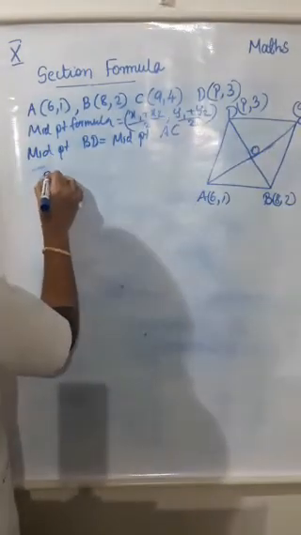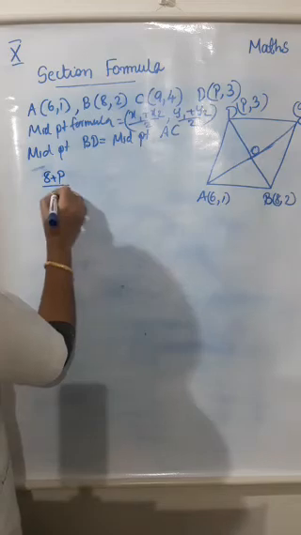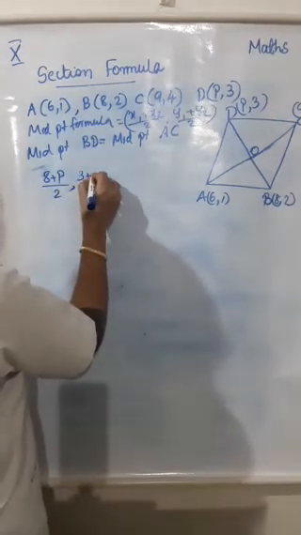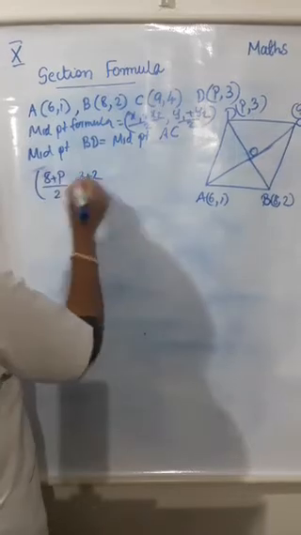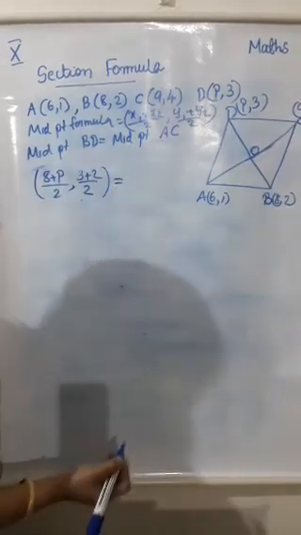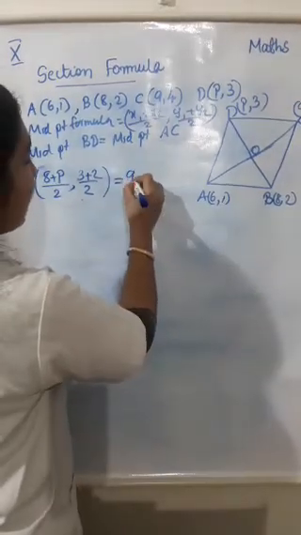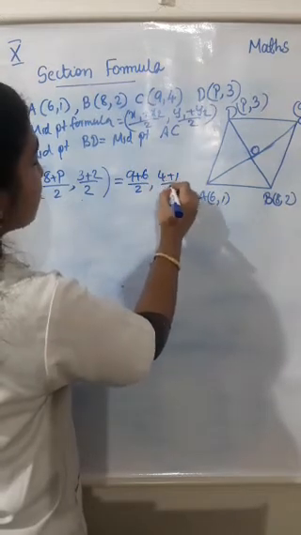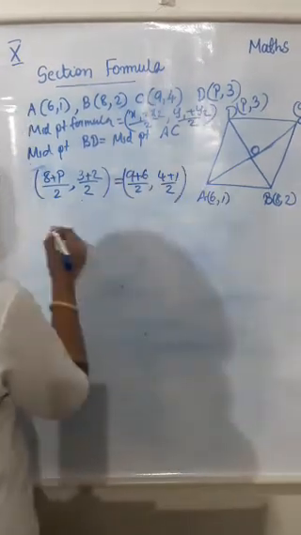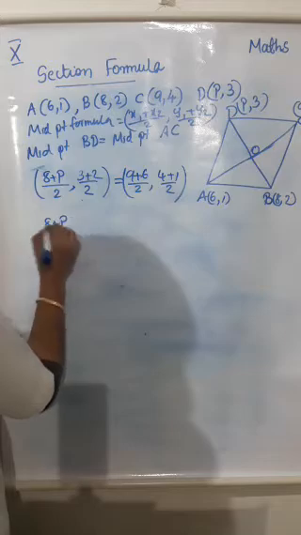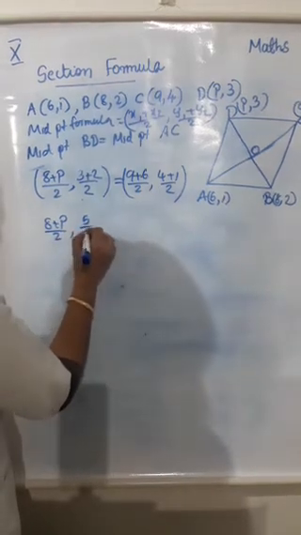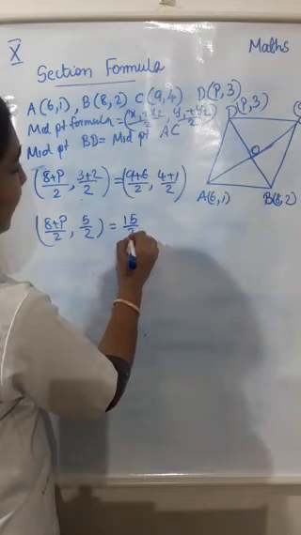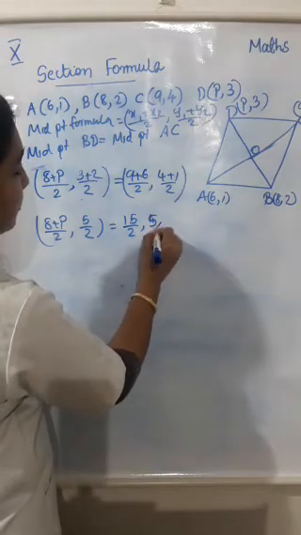8 plus P by 2, 3 plus 2 by 2. Similarly, the midpoint of AC is 9 plus 6 by 2, 4 plus 1 by 2. Here 8 plus P by 2, 5 by 2 is equal to 15 by 2, 5 by 2.